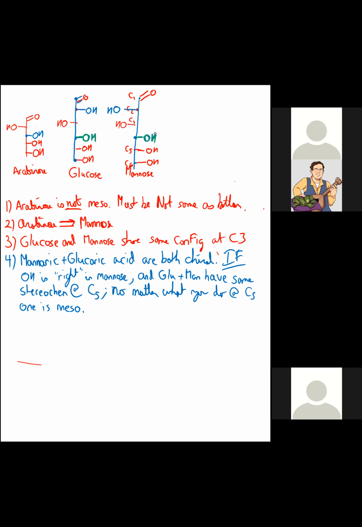So how does that green one work? Okay, so the green one we have to remember is glucose comes from xylitol, from xylose. We know that xylitol is meso.